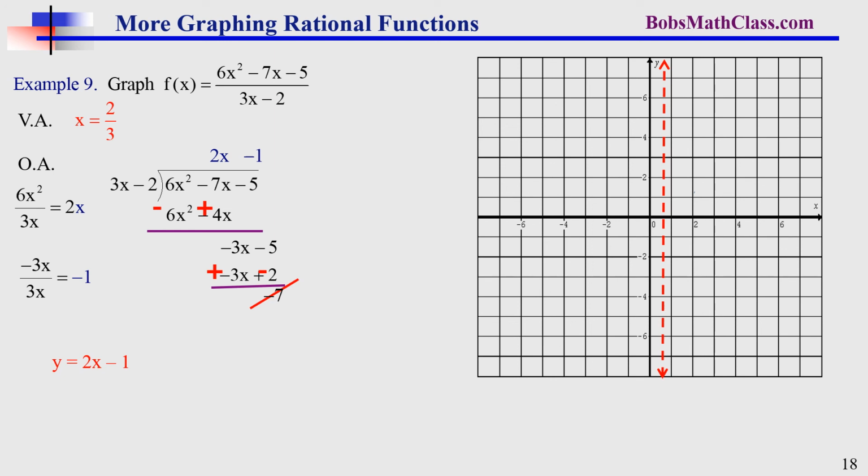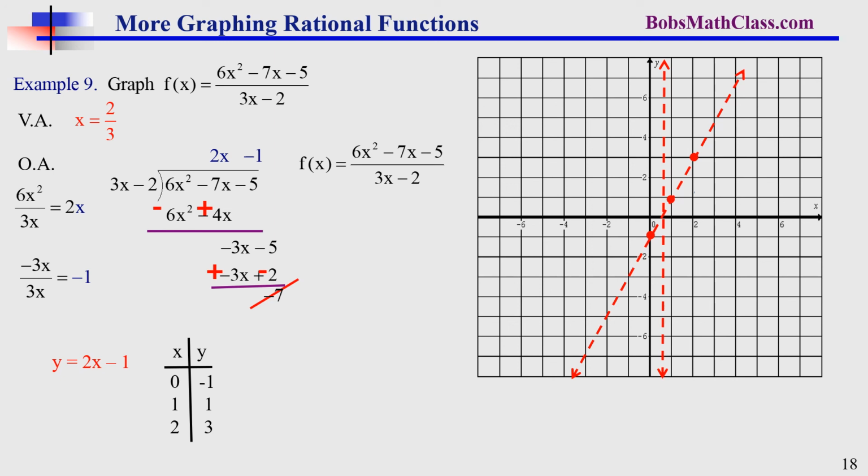Let's make a table. Pick some points for x. Plot those points. Draw in your dashed line. All right, so now we need some points for our function. We're going to pick points on both sides of 2/3.